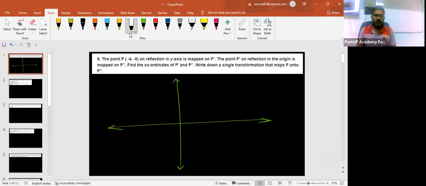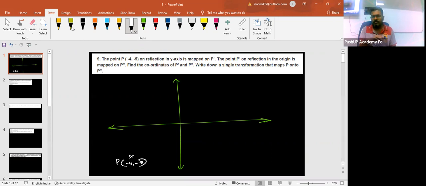There is a point P(-4, -5). When both the points are negative, in which quadrant is it lying? It is lying in the third quadrant, isn't it? So children, let me assume the point P is over here, which is (-4, -5).